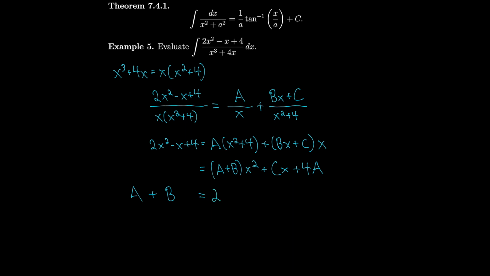And we get that c is equal to minus 1. Oh, it's a freebie, great. And we get 4a is equal to 4, which is basically another freebie. So the last equation tells us that a is equal to 1. And then that means that b is equal to 1 also. And c was given to us as minus 1.